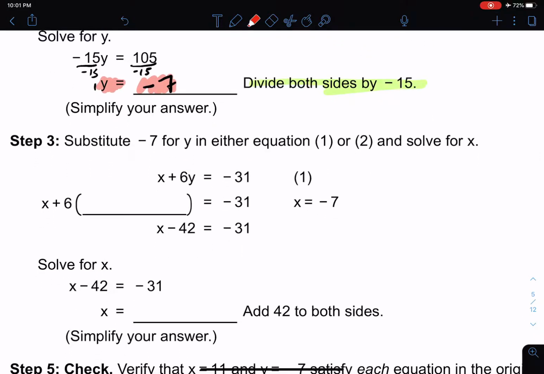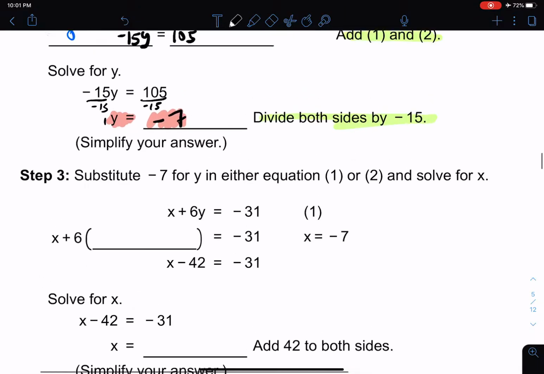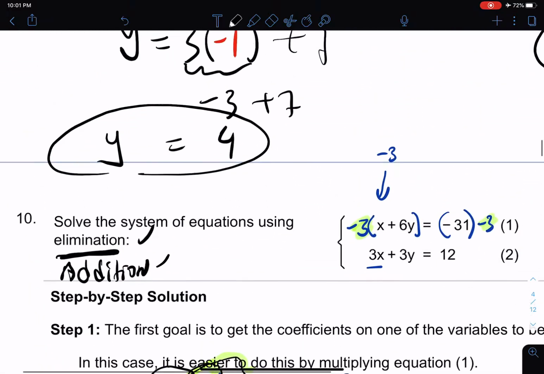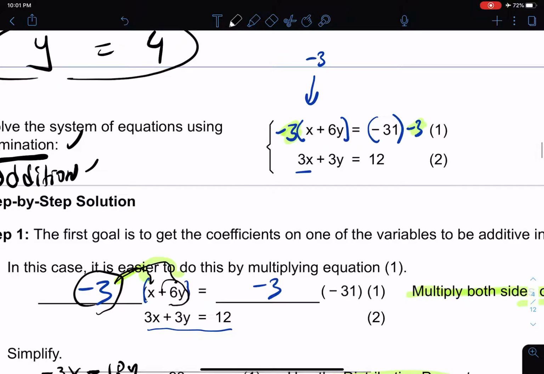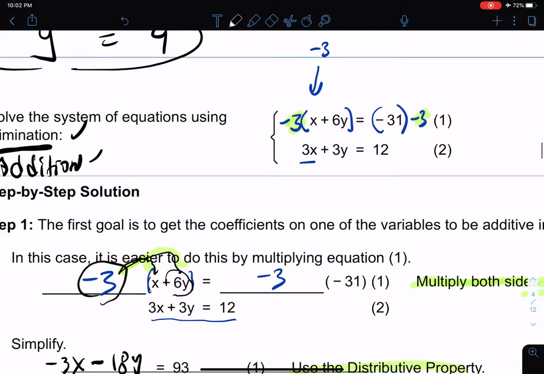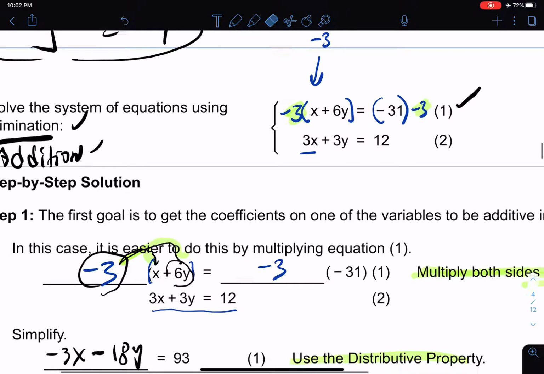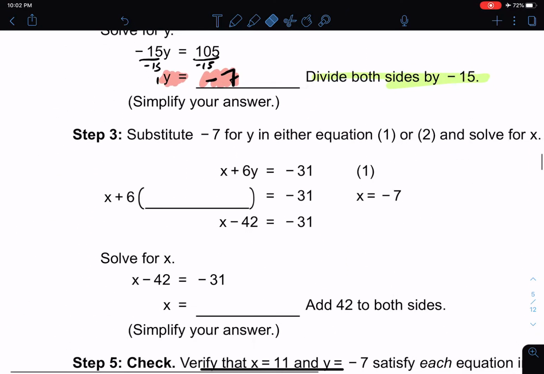So notice my equation 1 is right here. Let's see, wait, let me go back to make sure I'm not lying. Where'd we go? Equation 1 was x plus 6y equals, equation 1 is right there, x plus 6y. So they've got equation 1 right here, x plus 6y equals negative 31.